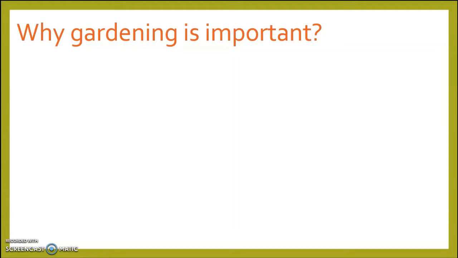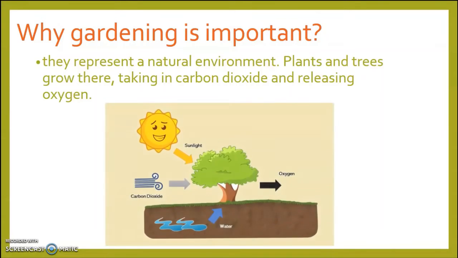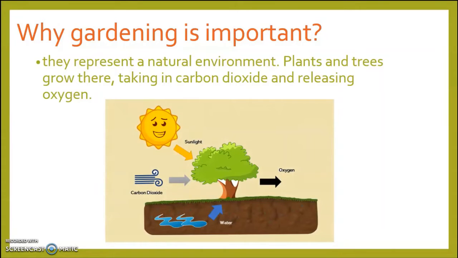Now, why is gardening important? They represent a natural environment. Plants and trees grow there, taking in carbon dioxide and releasing oxygen, just like this picture. Look at this.